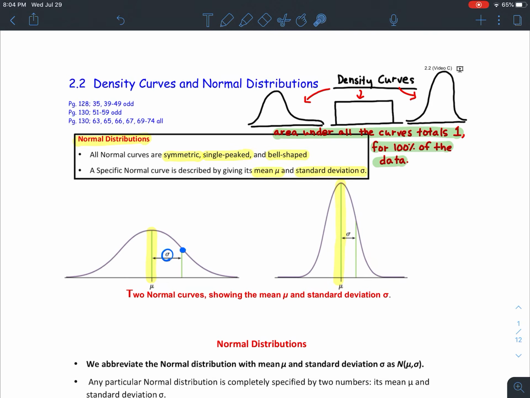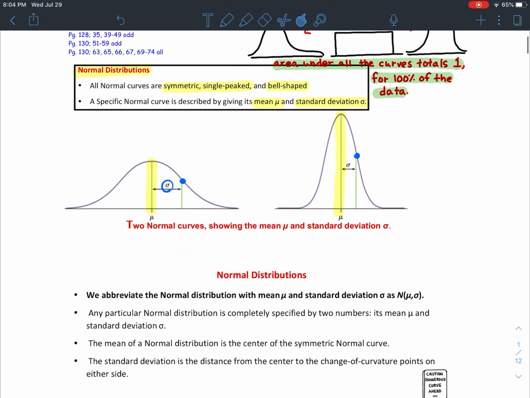A point of inflection is when a graph changes from being concave down to being concave up. You can see in both of these graphs, traveling out one standard deviation from the mean hits right where that curvature changes from concave down to concave up.